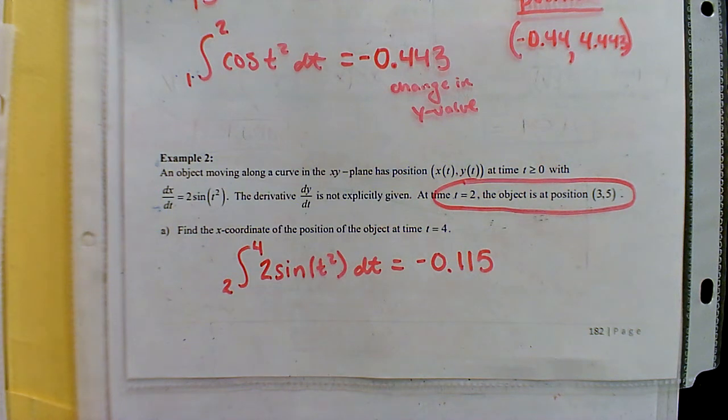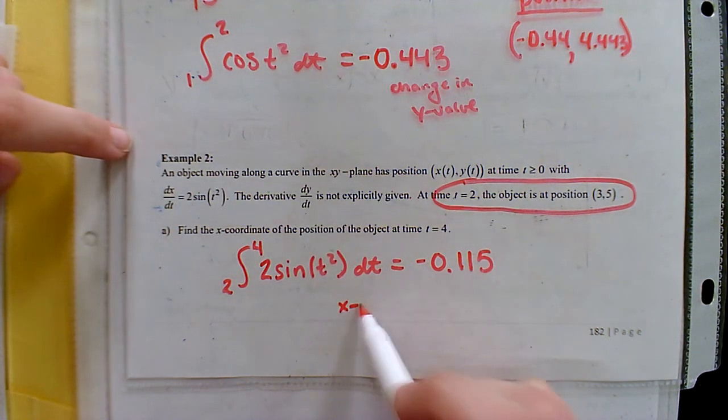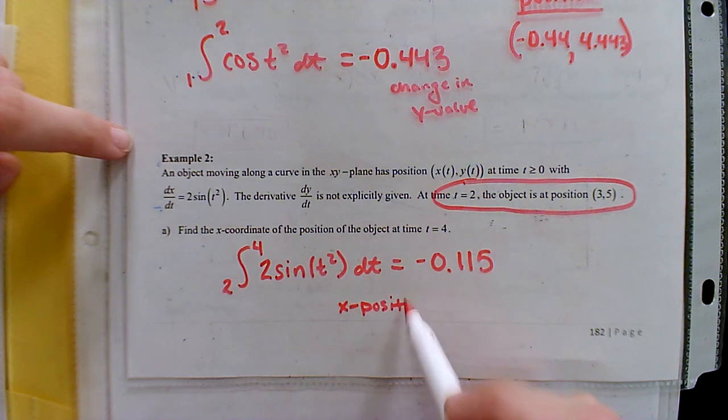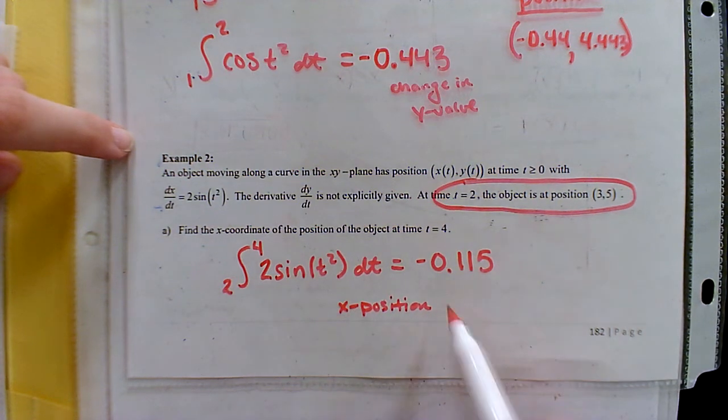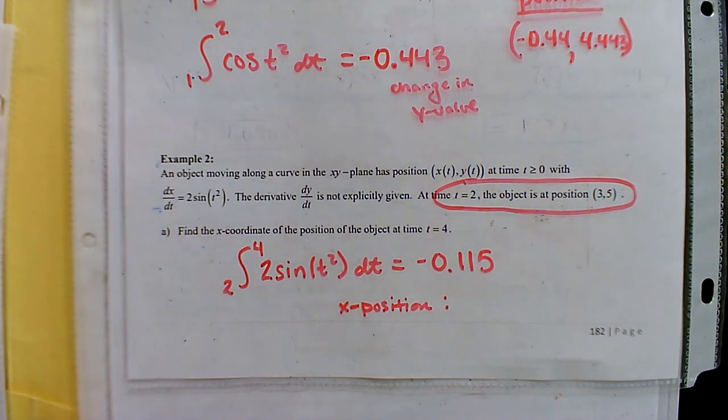I got negative 0.115. So how are we going to combine that number with the x-coordinate of 3 from that beginning point in time 2 we know?